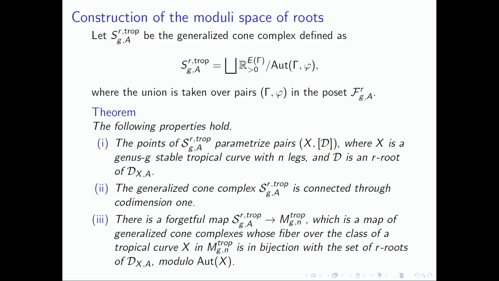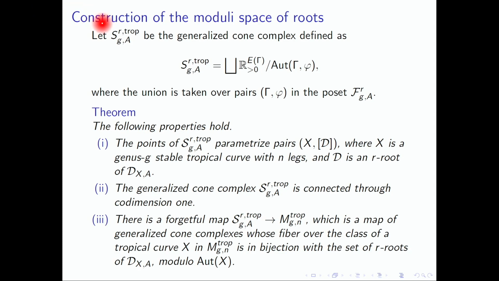And actually, we can do the same as what we did for M_g tropical. We can put everything together. So we can consider these cones modded out by the automorphisms of the pairs. And we can glue these together along faces whenever I have a specialization of pairs. And I get a generalized cone complex. So this generalized cone complex should parameterize the roots of the universal divisors on tropical curves.